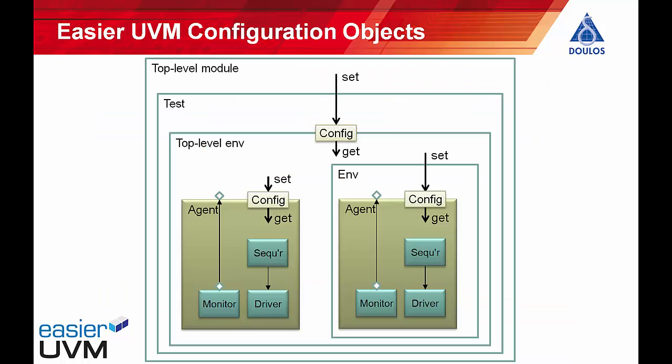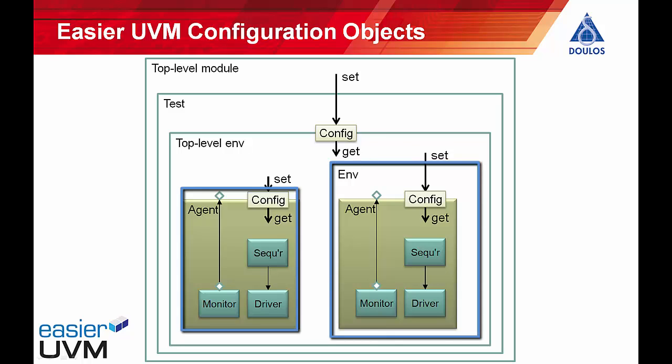Within the easier UVM coding guidelines, we follow a somewhat tighter convention. What we do is package all of the configuration information for a given agent into a single configuration object. So in easier UVM, each agent has one configuration object, whether the agent is a standalone agent or whether the agent is instantiated within its own env.